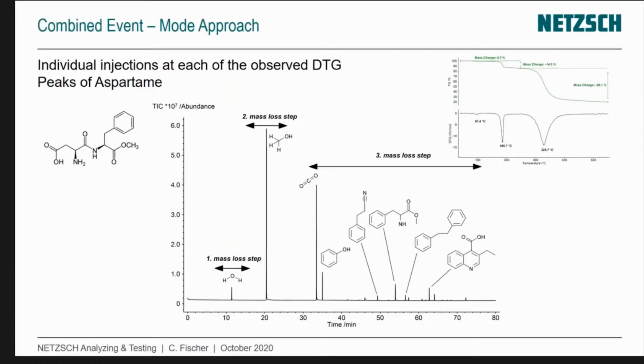During the third mass loss step, the chromatogram shows several peaks, and library search could identify several compounds, like phenol and others more, CO2 and complex organic fragments. So it is obvious that aspartame was pyrolyzed into several fragments. So it can be concluded that a decomposition and not an evaporation takes place during heating.